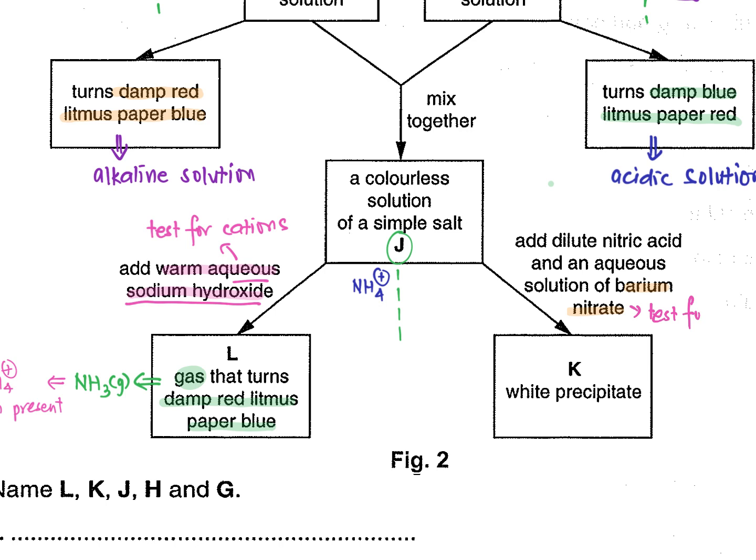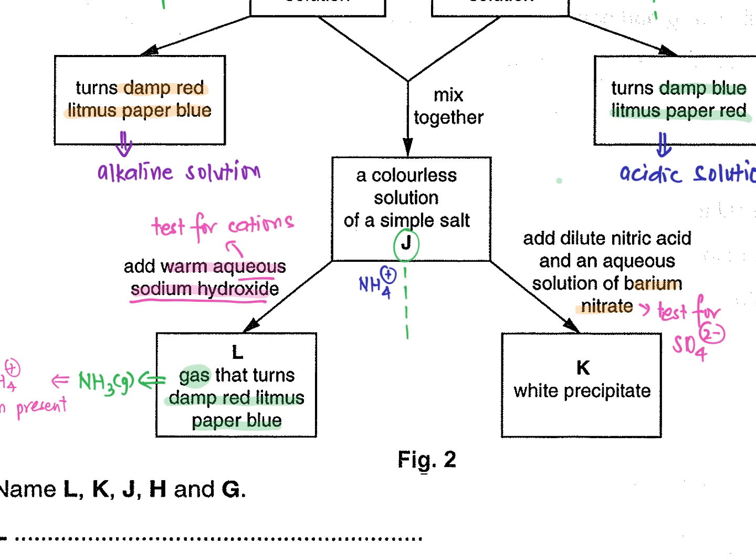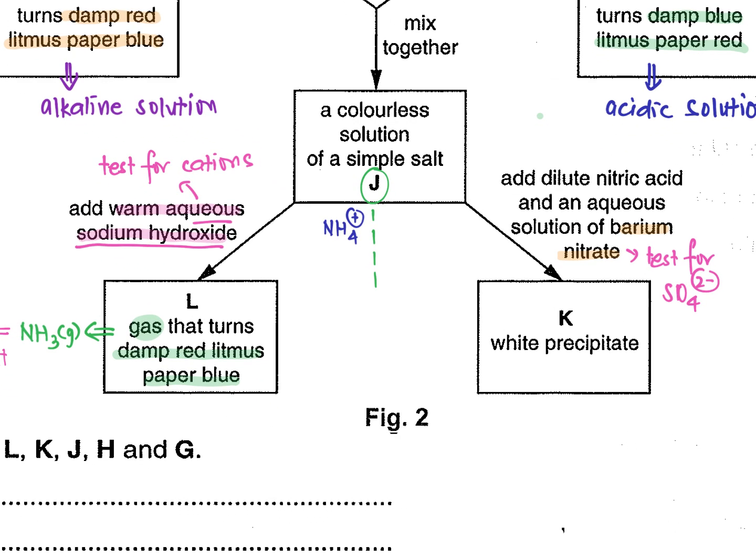So if you added your dilute nitric acid followed by your aqueous barium nitrate and you get a white ppt, it tells you that you have the presence of sulfate ion. So what is this ppt that is formed? What is this K that you are forming? Barium sulfate. Okay, so this is your barium sulfate.